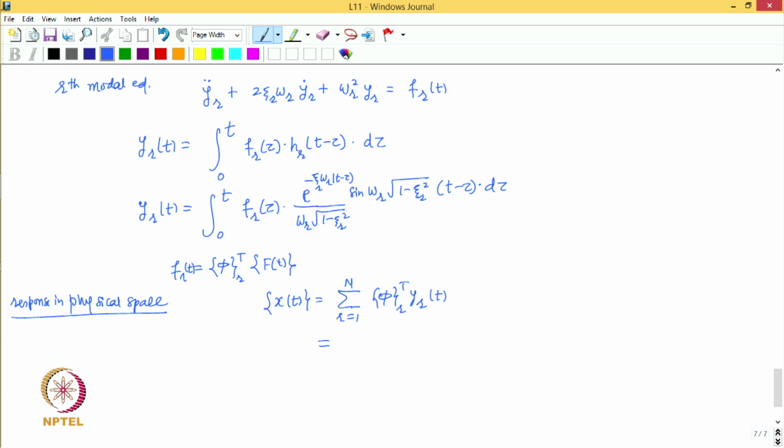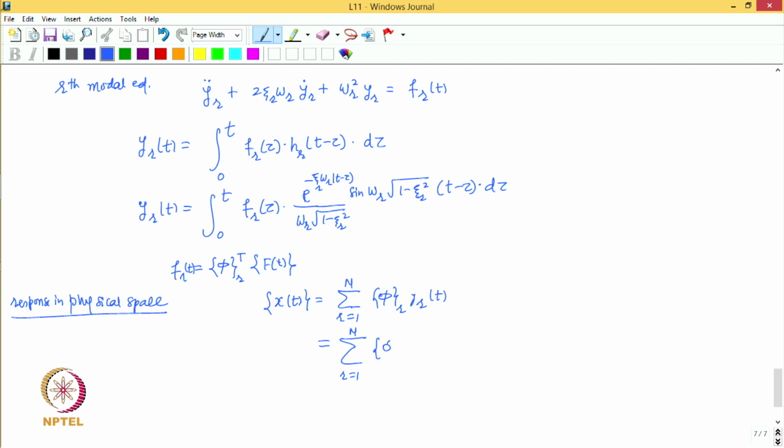So, now we can substitute y r t here and also substitute f r t, that modal force, and noting that the eigenvectors are constants, they can be taken outside the sign of integration. So, we can write this as summation r is equal to 1 to n, then we have, so I think here we will not have transpose, this transpose is not required.